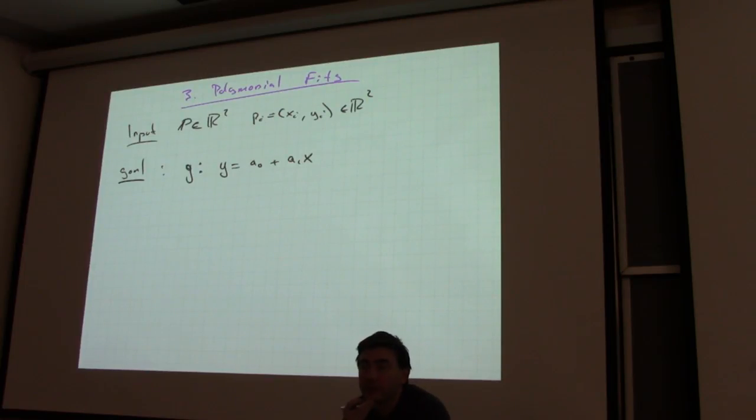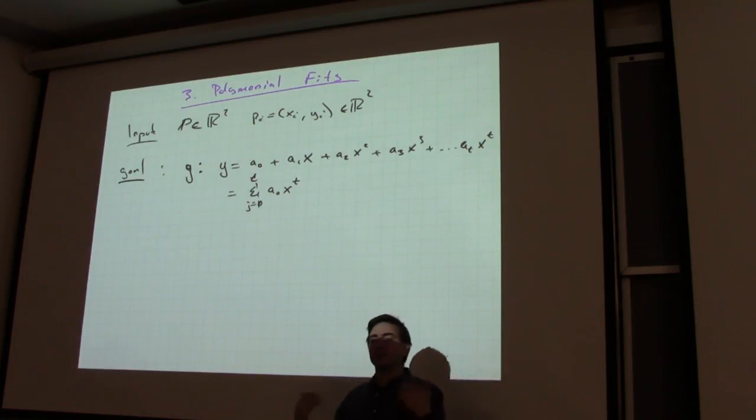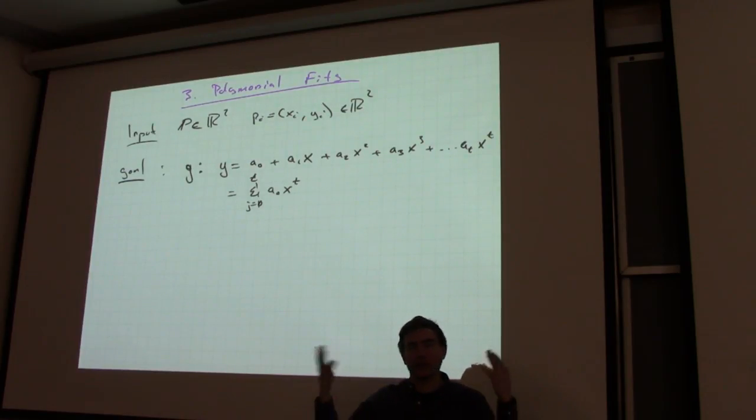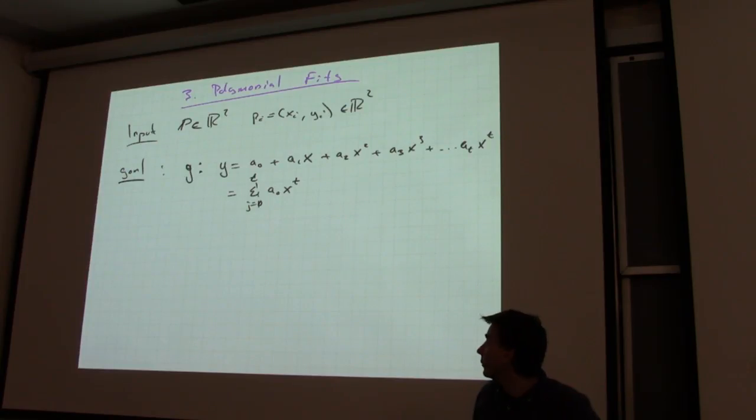This is the same as before, but I can do a2 x squared plus a3 x cubed, and in general up to some power t, a_t x to the power t. I could write this as the sum from j equals 0 to t of a_j times x to the power j. Notice x to the power 0 is always going to be 1, so that's how I get the constant term. Again, there's this nice trick for handling the offset.